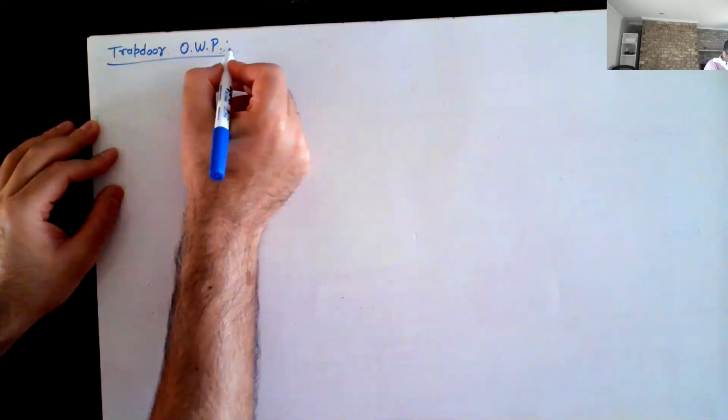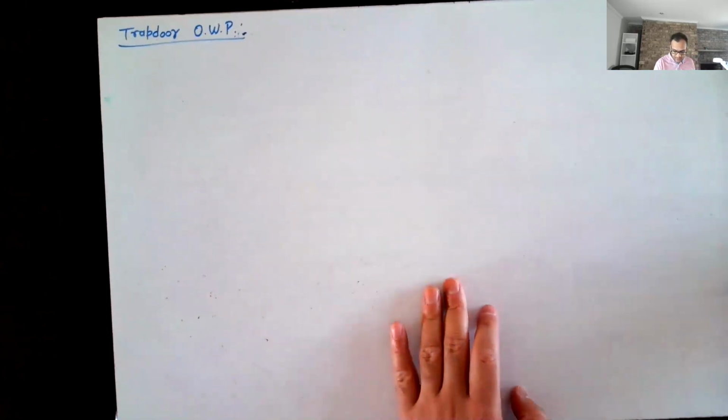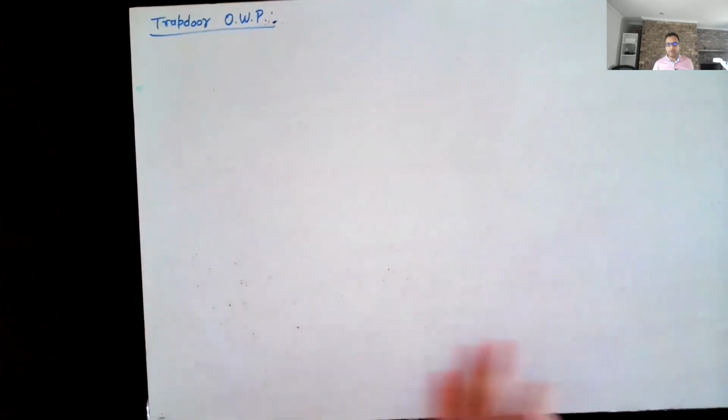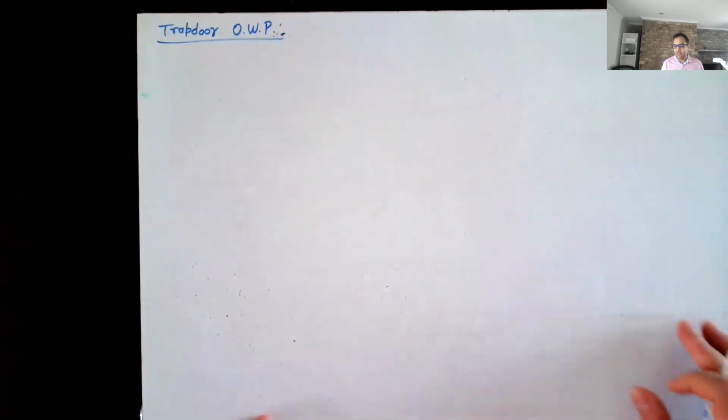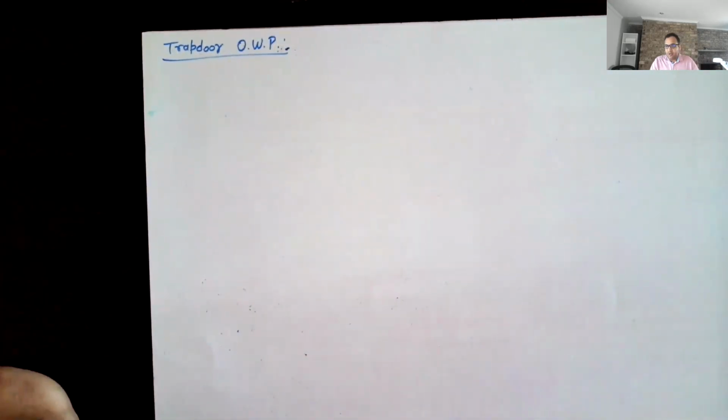And if you remember, we have already seen these objects, and we also saw how to build trapdoor one-way permutations using RSA. Let me remind you what they are. A trapdoor one-way permutation is basically just a one-way permutation, except that there is also a trapdoor t. If you have that trapdoor, you can invert the one-way permutation in polynomial time.